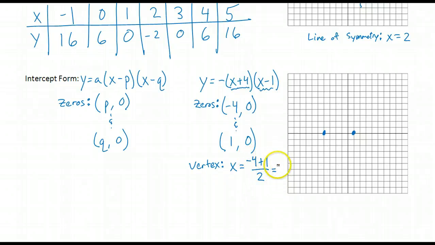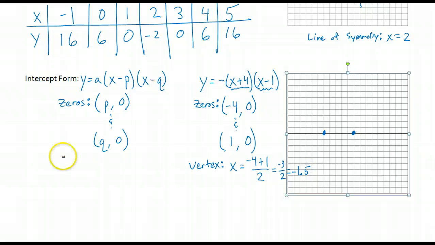Negative 4 plus 1 is negative 3, divided by 2. So the x portion of my vertex is going to be negative 3/2, which is negative 1.5. In general, the x portion of my vertex will be at p plus q divided by 2.